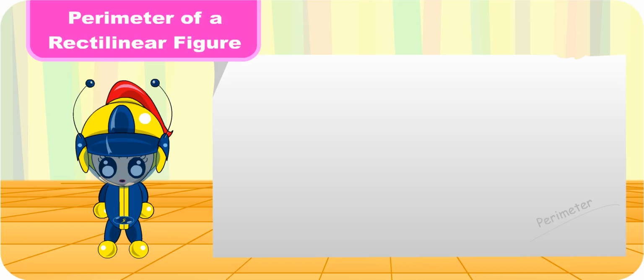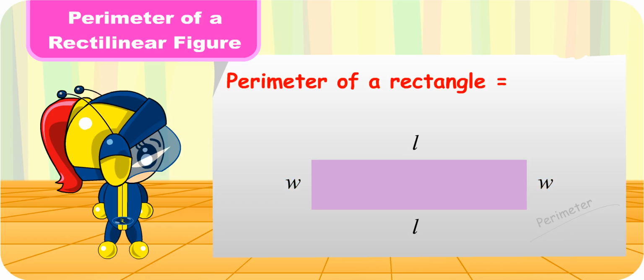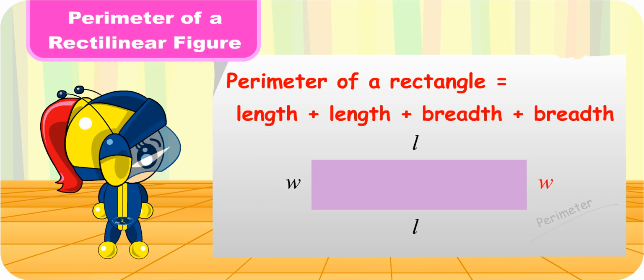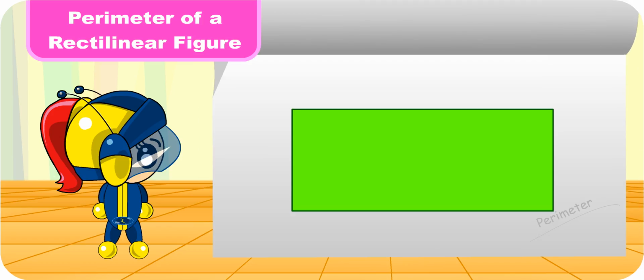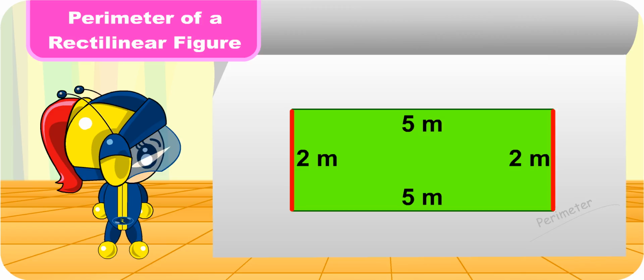Now, we are going to focus on learning how to find the perimeters of squares and rectangles. We can find the perimeter of a rectangle by adding the two pairs of lengths and breadths together. Perimeter of a rectangle is equal to length plus breadth plus length plus breadth. For example, the length of the rectangular field is 5 meters and its breadth is 2 meters.